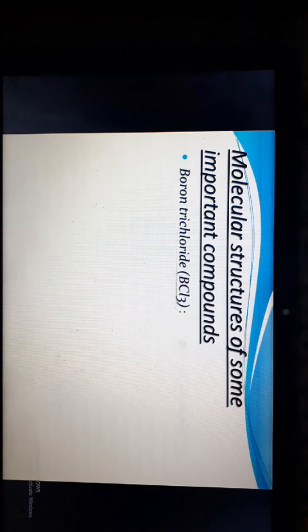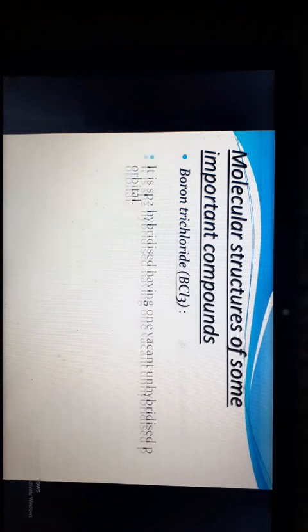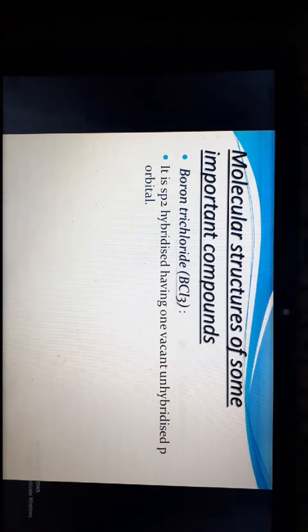The first compound is boron trichloride, BCl3. Now, what is the molecular structure of boron trichloride? It is sp2 hybridized, having one vacant unhybridized p orbital. sp2 hybridized, but one p orbital is vacant and it is not hybridized.